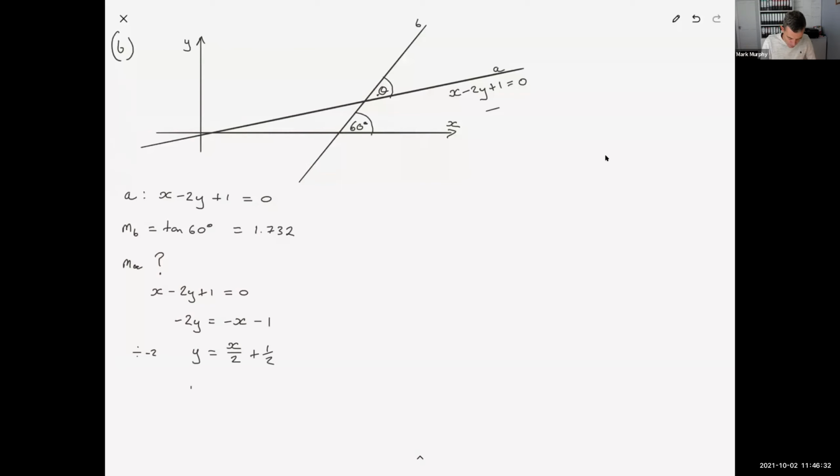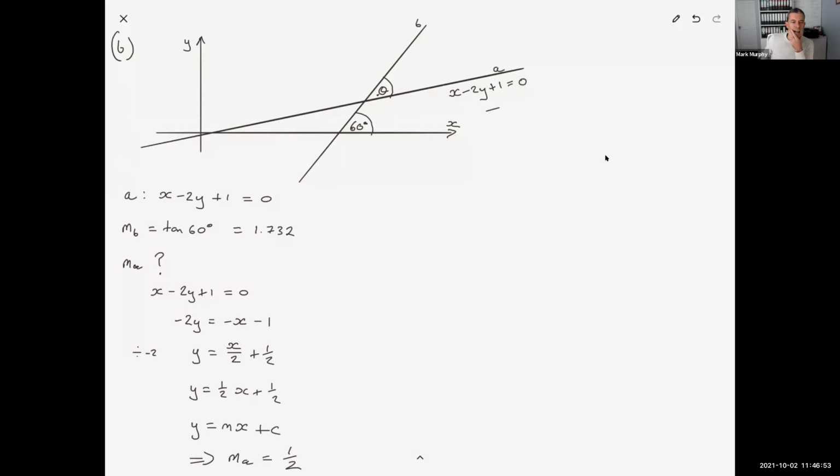Now, in this case, I'll just write it out a different way. It's y is equal to a half x plus a half, which is in the form y is equal to mx plus c. Therefore, m of A is equal to a half.